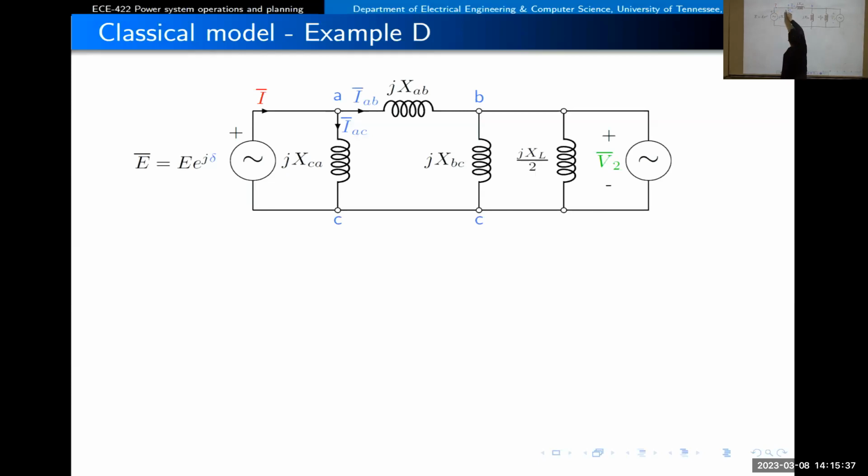So that current will be, by Kirchhoff's current law, this current IAB plus the current IAC. With this configuration, it's easy to calculate this because you know the voltage here given by this, and you know the voltage here, which is fixed, given by the infinite bus.